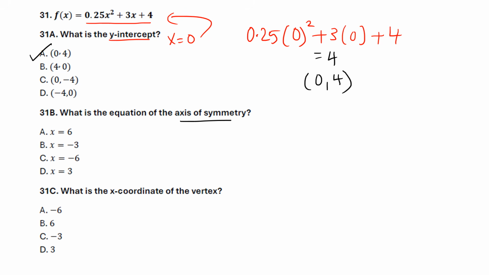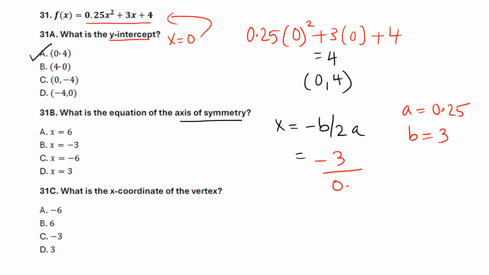Now, the equation of the axis of symmetry, x = -b over 2a. That's the formula I gave you. Let's find the values of a, b, c. A for this question is 0.25, b is 3. So let's put the values: minus 3 over 0.25.